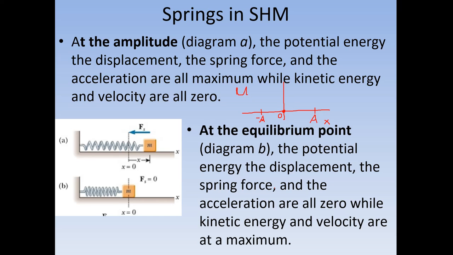Well, I know that at the amplitudes, potential energy is at its maximum value. So I can plot a point here and here to show that the amplitude is at its maximum value. And because it doesn't really matter which amplitude we're talking about, that value should be the same. At the equilibrium point, x equals 0, I know that potential energy is 0 as well. So I plot my 0 point here.